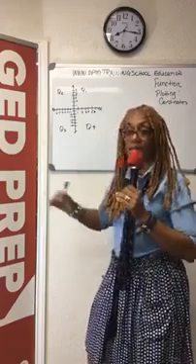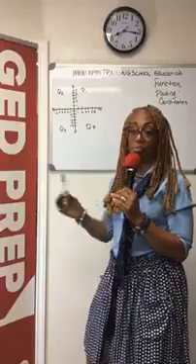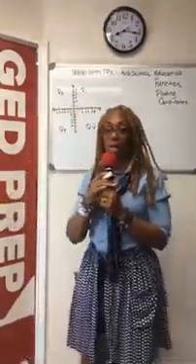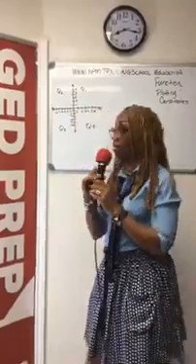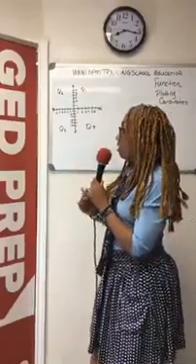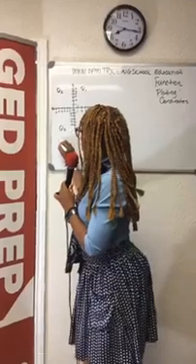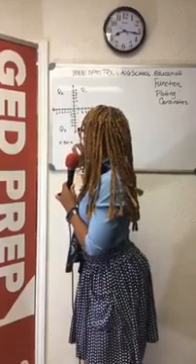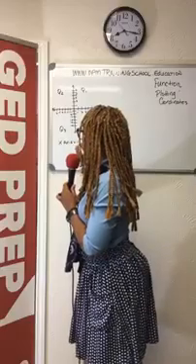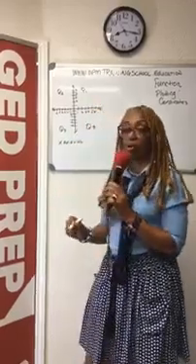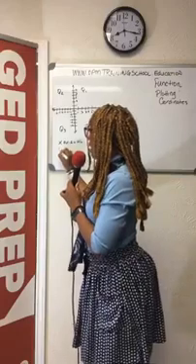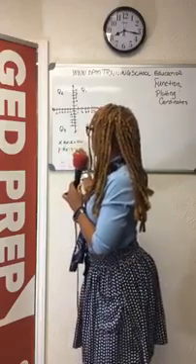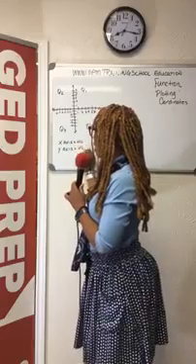The horizontal line goes across from left to right. The horizontal line is typically labeled as the x-axis. I'm going to write it down. The horizontal line is typically the x-axis. The vertical line is the y-axis, up and down.